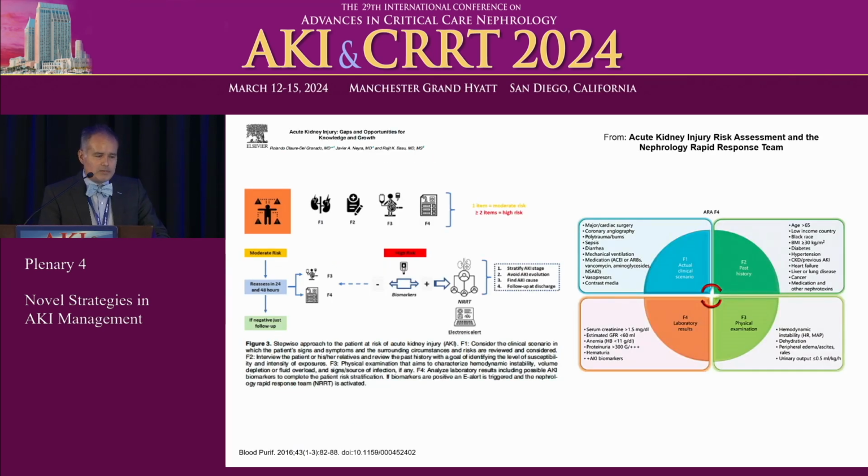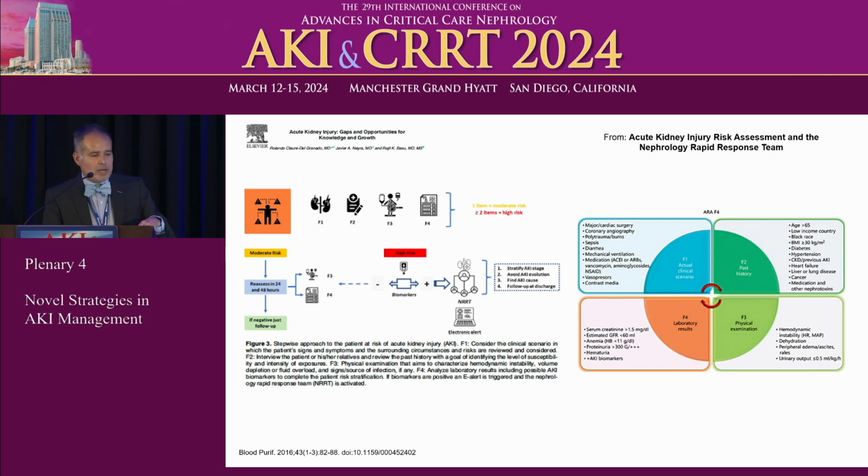So in order to identify patients who will benefit from using this urine microscopy score, we use this approach, this algorithm from Lilia Rizzo, called the Nephrology Rapid Response Team and the 4 Fantastics. The 4 Fantastics are composed of the actual clinical scenario that every patient has, past medical history, laboratory results, and physical examination.